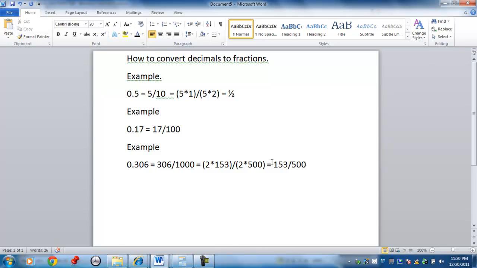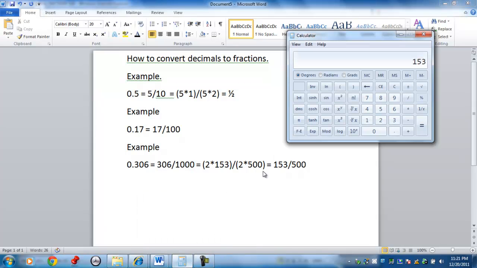You want to look for other common factors. 500 has a factor of 2 and a factor of 5. Factors for 153, there's a little trick you can use. If you take 1 plus 5 plus 3, 5 plus 1 is 6, plus 3 is 9.